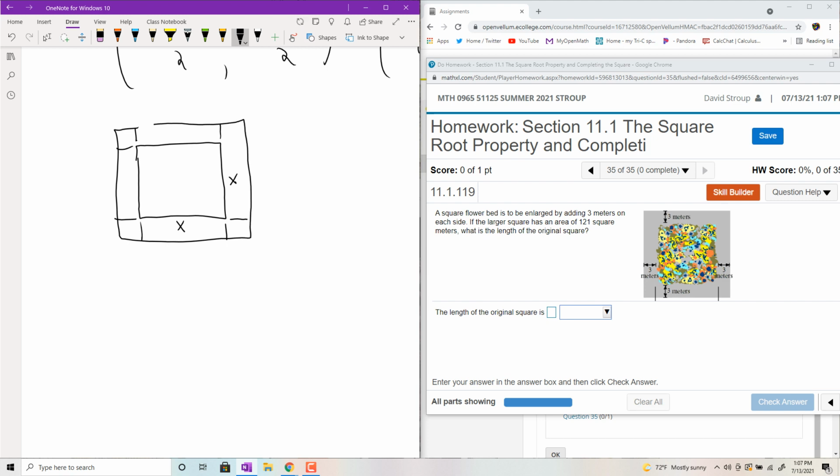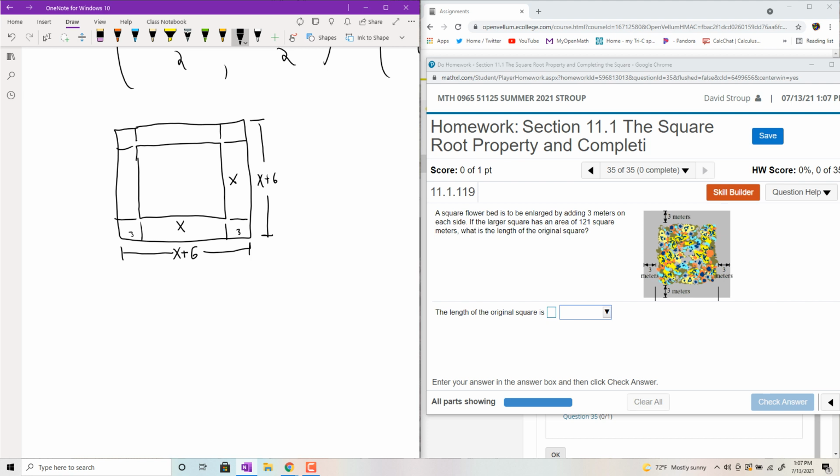The sides of that flower bed then are x, and if this is 3 and this is 3, it'll have to be x plus 6 total. X plus 3 plus 3, right? And likewise for this side, it'll be x plus 6.